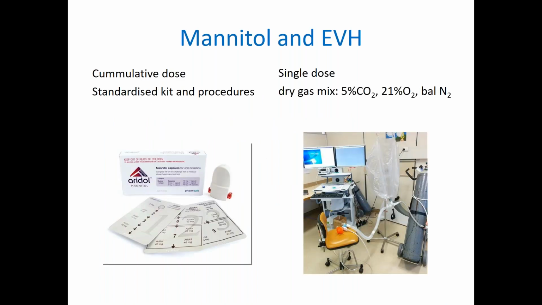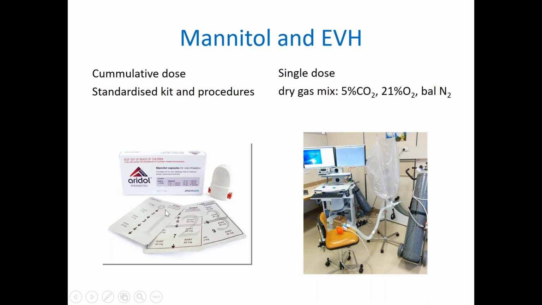The two indirect challenges that I'm just going to mention briefly are the mannitol challenge and the eucapnic voluntary hyperpnea challenge. So the mannitol challenge comes in kit form, which makes it very easy and convenient to use and deliver. It is a cumulative dose challenge test. So you'll see on here that there are little numbers which tell you what to give at each step.